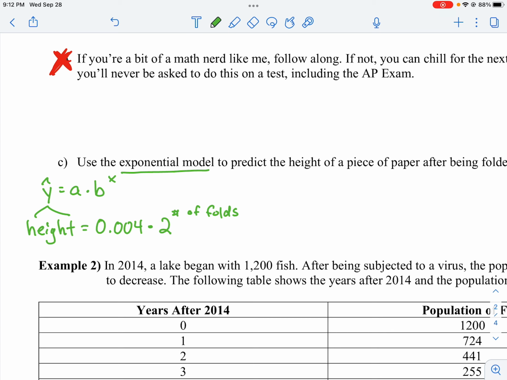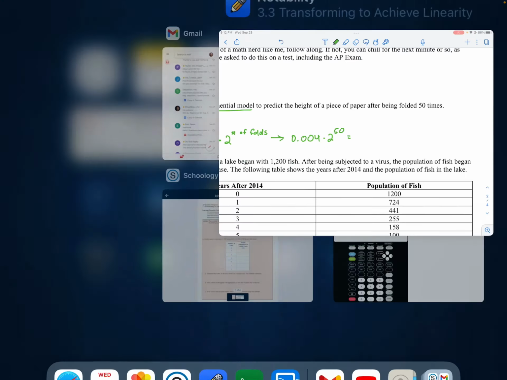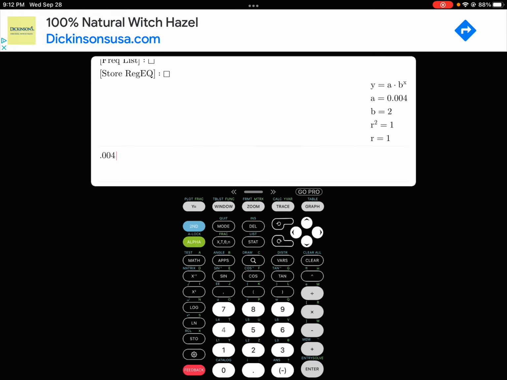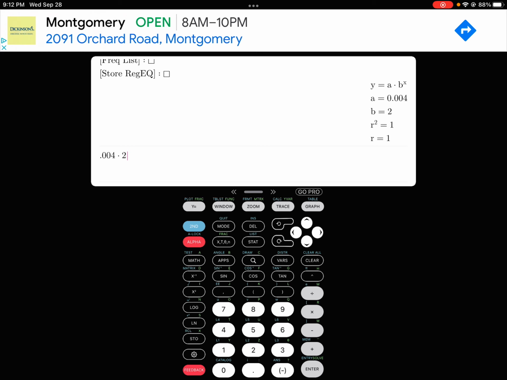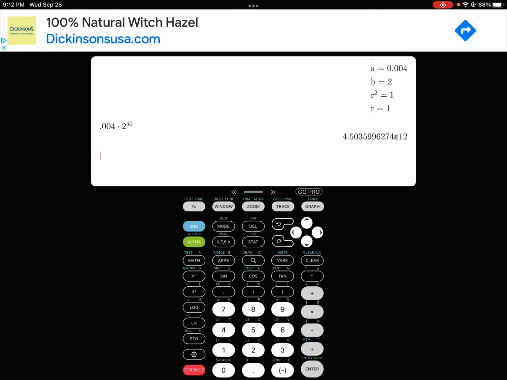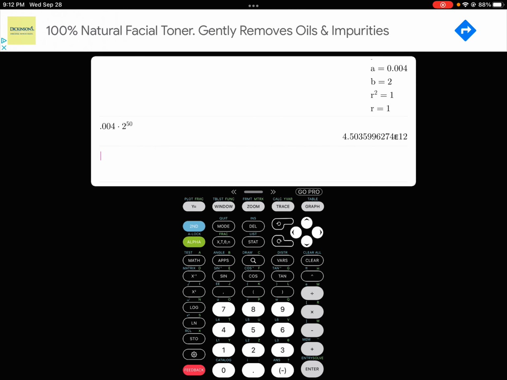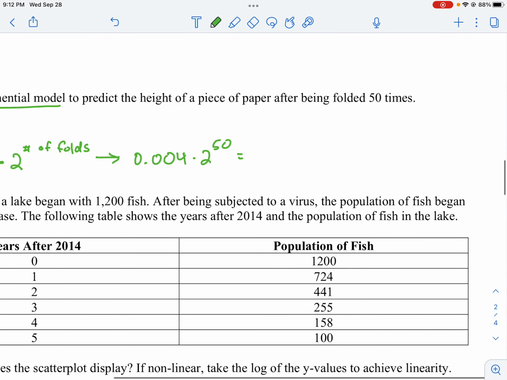Okay? So what we're going to do then is we're going to do 0.004 times 2 to the 50th. And we're going to see what we get. 0.004 times 2 to the 50th. And we get 4.5 times 10 to the 12th inches.